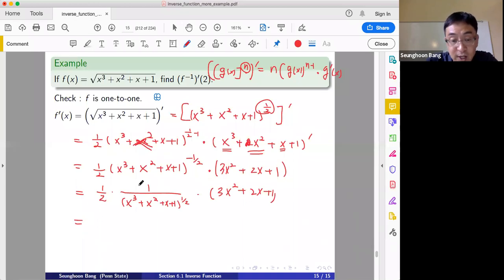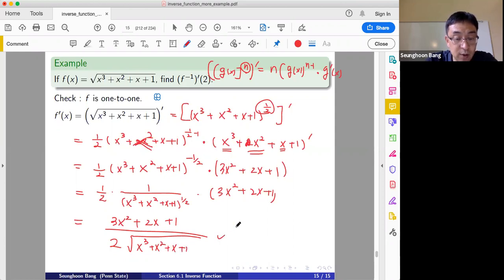So the numerator is 3x squared plus 2x plus 1, over the bottom, 2 times the square root of x cubed plus x squared plus x plus 1. So we have exactly f prime of x.